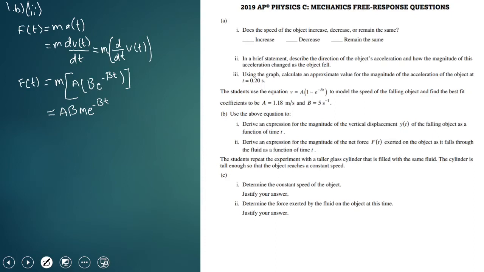Now keep in mind that this is because the mass was 12 grams, and so we need to convert it into kilograms, and so I get 0.0708, or I'm going to round that to 0.071 e to the power of negative 5t. And so that is how you would solve this problem.